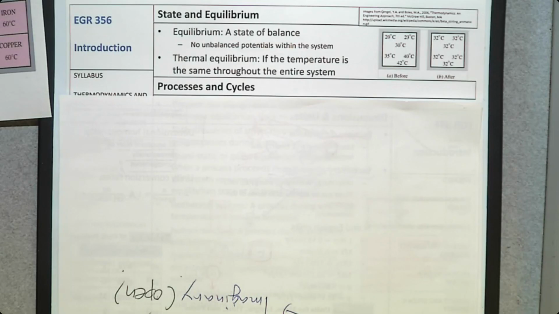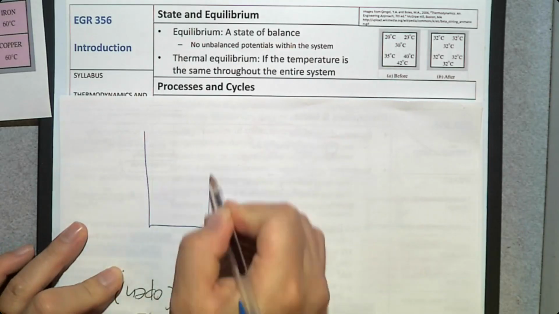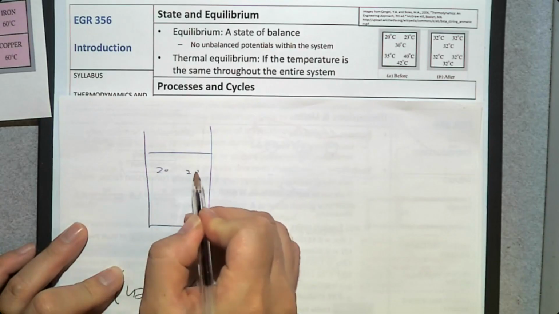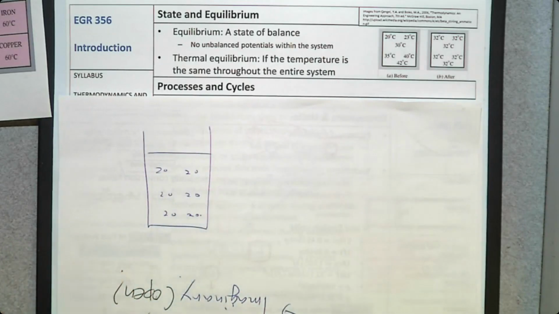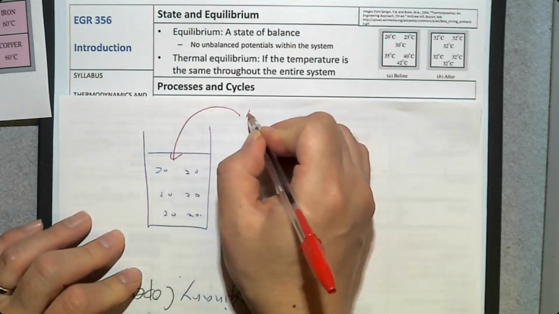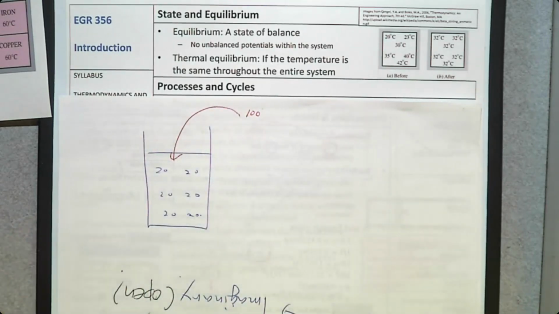You can pour some hot water. It was initially 20, not hot enough, then you pour in boiling water, maybe 100. So what's going to happen? It suddenly becomes like 90 throughout, or 70.